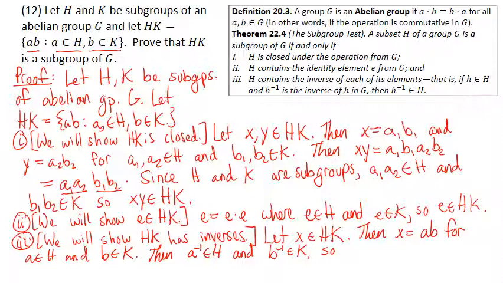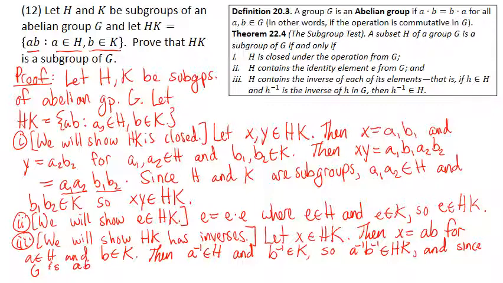So that would mean A inverse B inverse is in HK, but that's not actually the inverse of AB. The inverse of AB is B inverse A inverse. But since the group is abelian, G is, oops, sorry, I've kind of run out of room here.